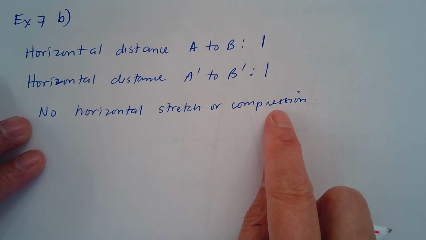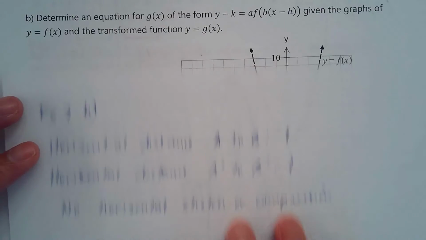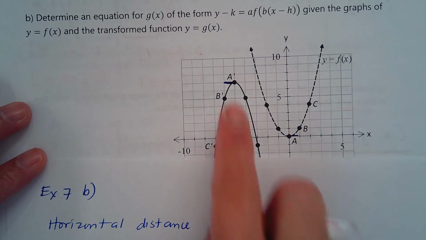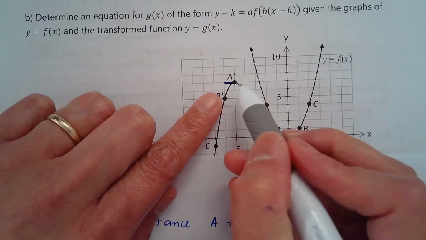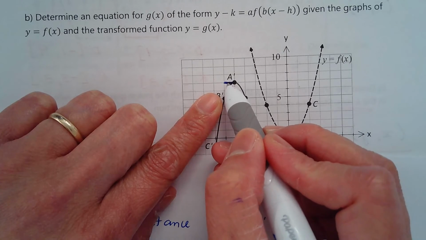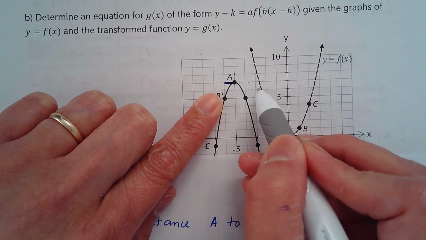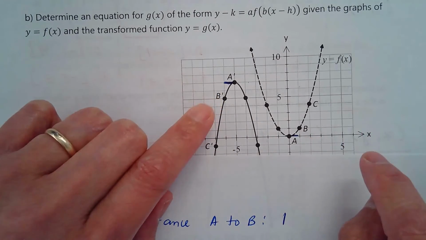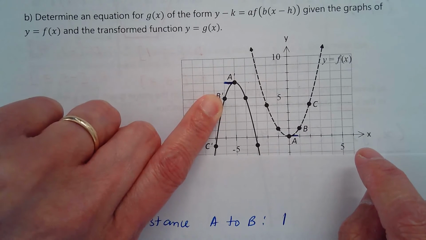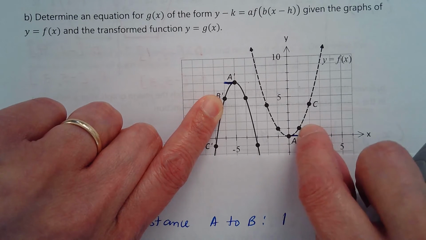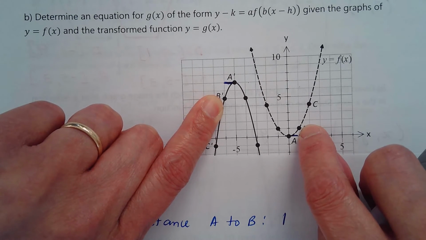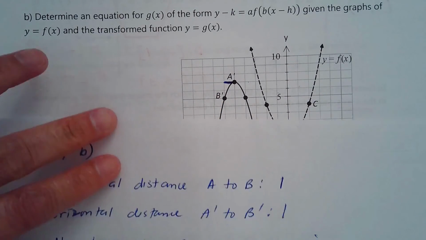But obviously there is a reflection in the y-axis, because the B is now over here when the B was over there, right? So I don't know if you could understand that piece.